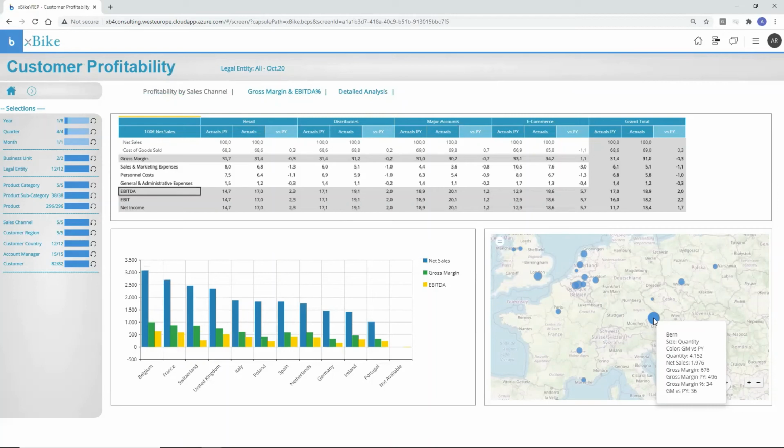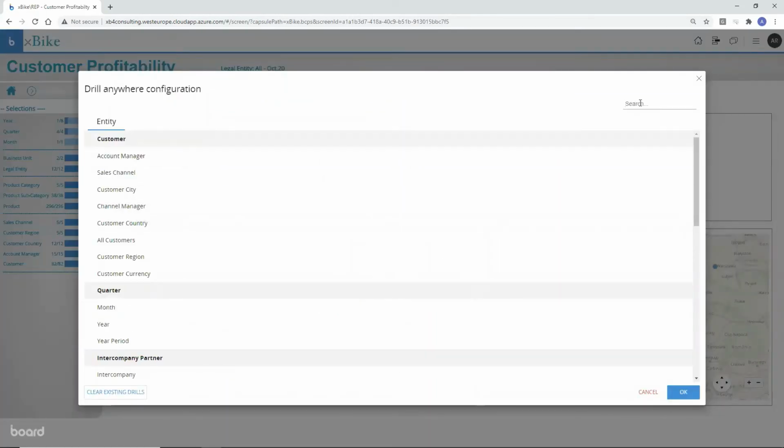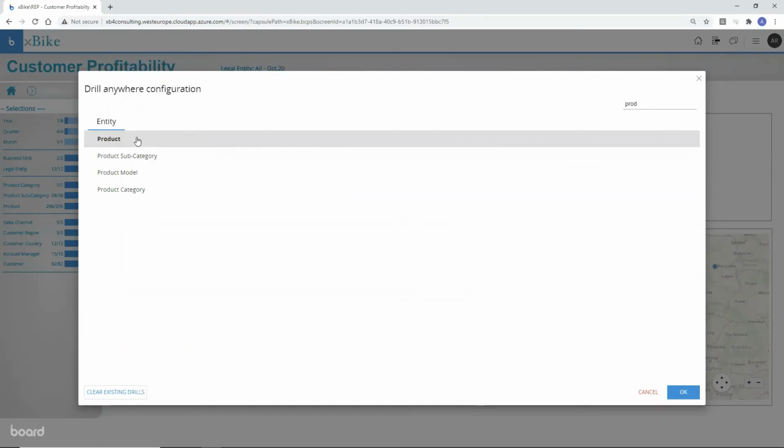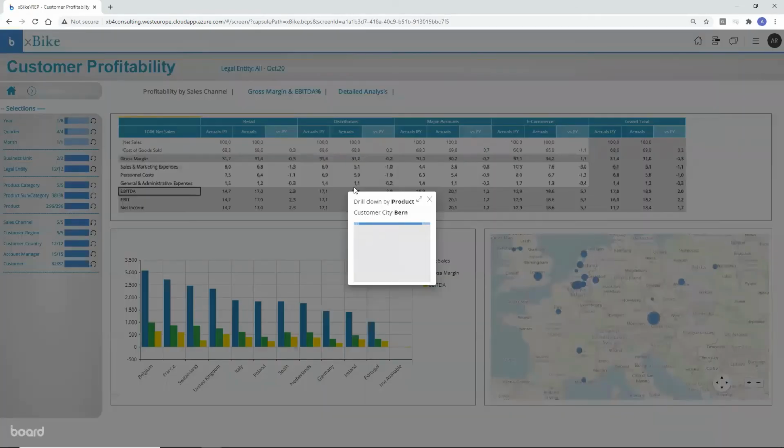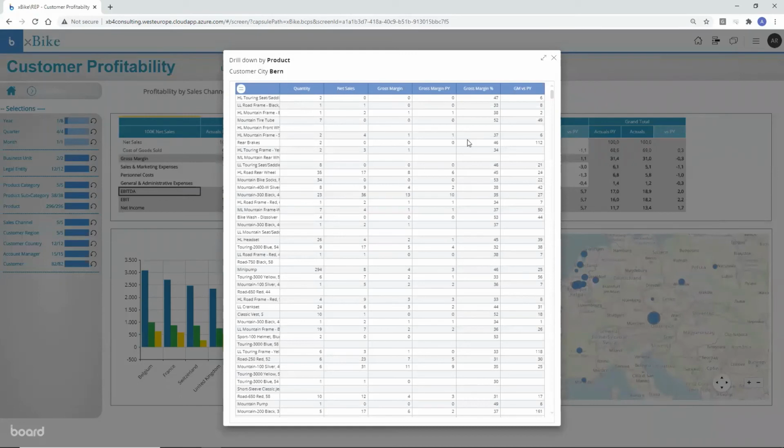And I can even drill down on these specific customers, and I choose, for instance, to see the product or any other dimension. Here we go, all the individual products.